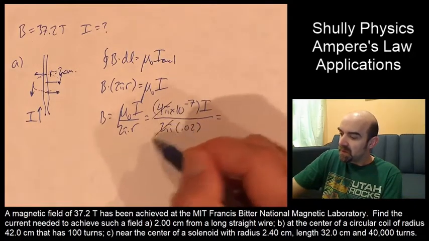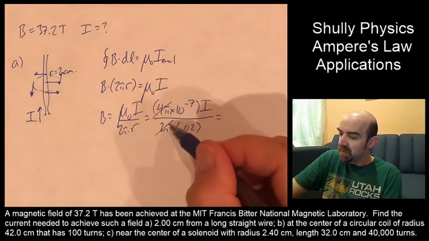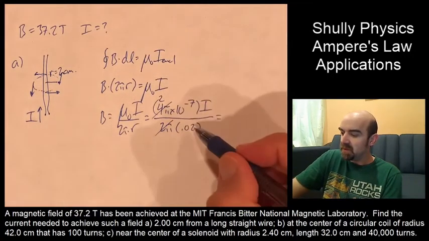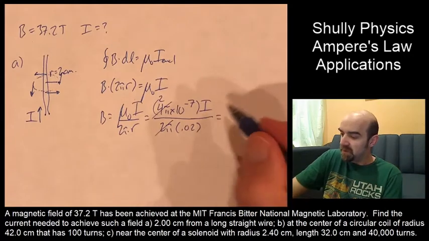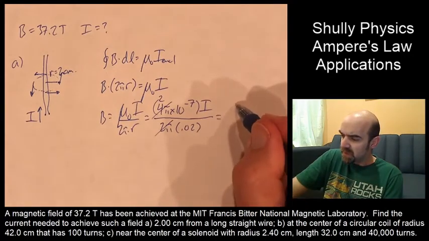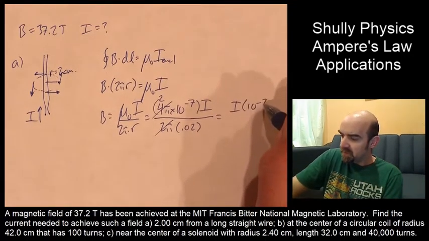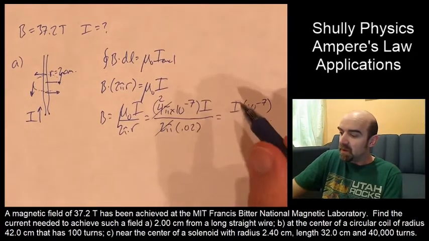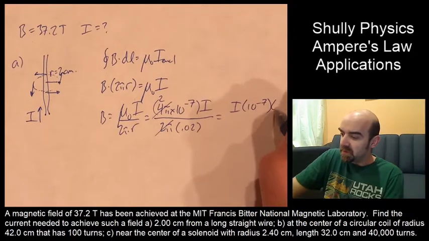Our 2 pi and 4 pi and 2 pi cancel, except that leaves us a 2 up here, and 2 divided by 2/100ths, so we're going to have I times 10 to the negative 7 times 100.